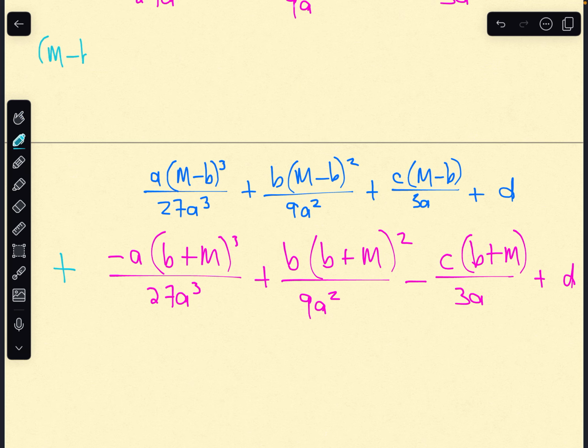(m minus b) cubed is the same as m squared minus 2bm plus b squared times, you know what, actually, I'm gonna just use my Pascal's triangle trick.